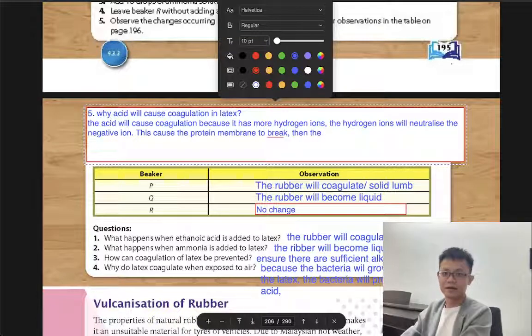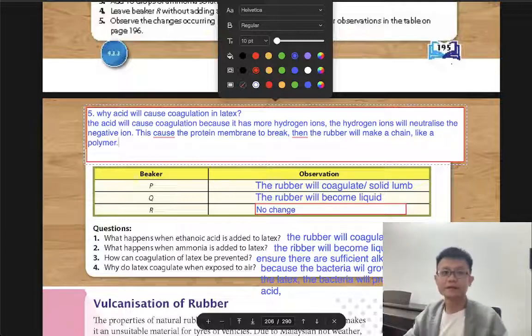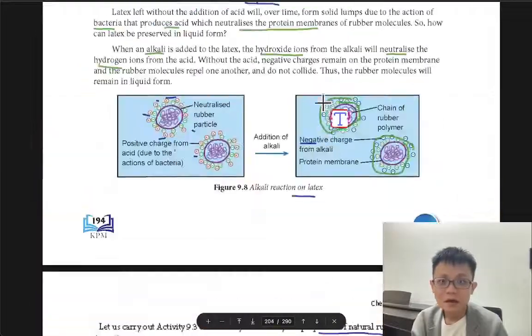Then the rubber will make a chain like a polymer. Okay, that's how you write it. The hydrogen ions neutralize the negative charge, so the rubber will make a chain of rubber polymer.